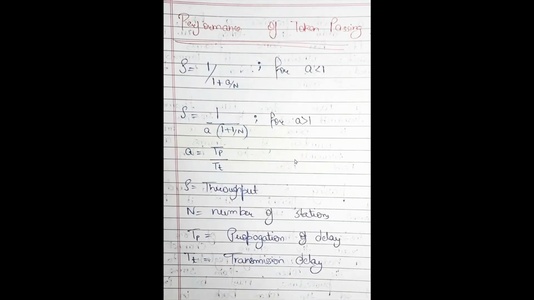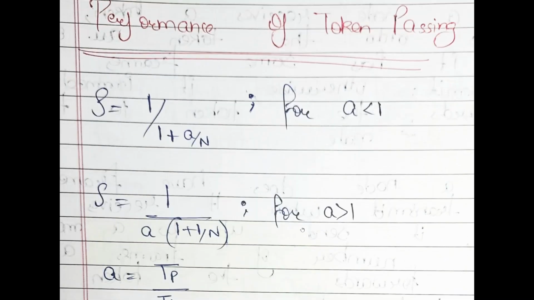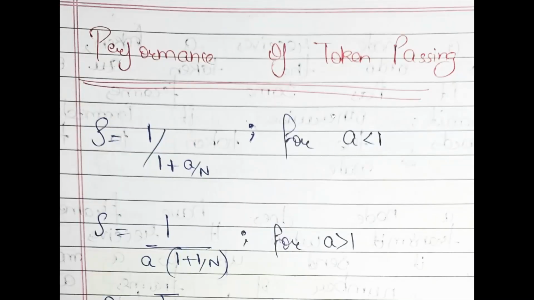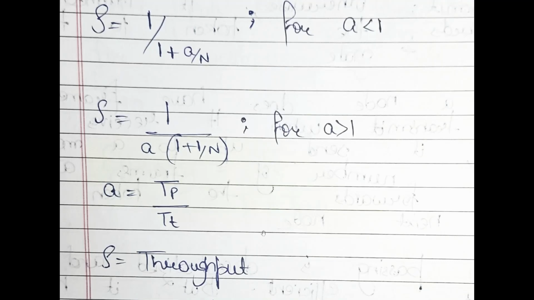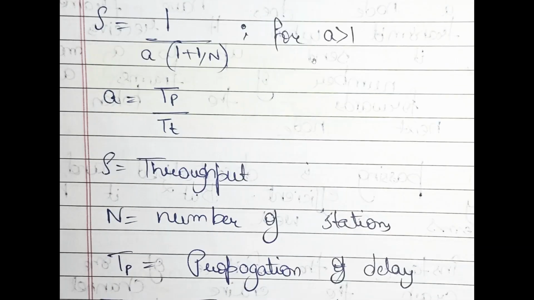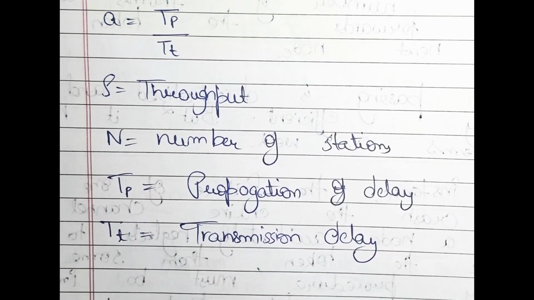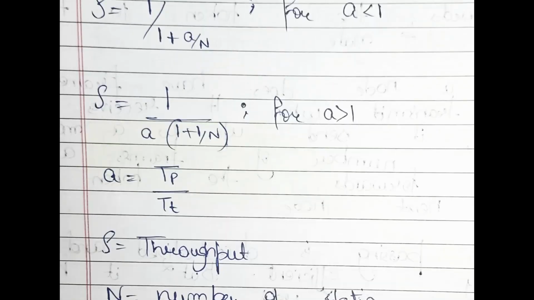Now for the competitive exam guys, these are the formulas that you will be needing. For the performance of token passing, S is the throughput, N is the number of stations, TP is the propagation delay, and TT is the transmission delay. Got that?